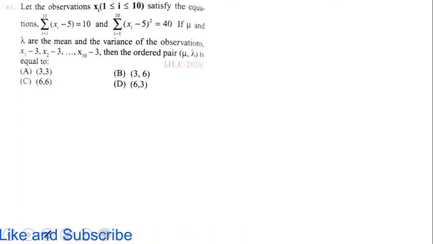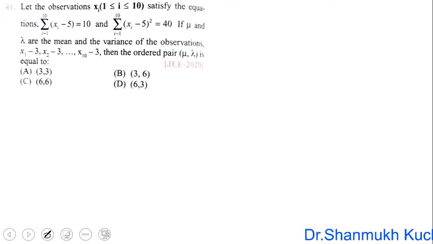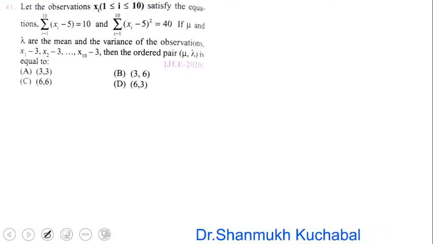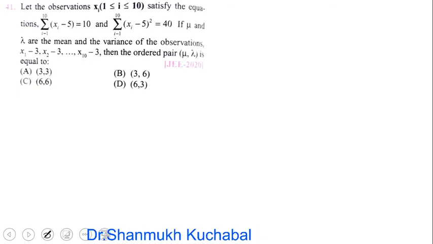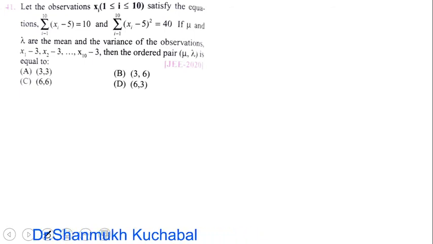If mu and lambda are the mean and variance of the observations x1 minus 3, x2 minus 3, and so on up to x10 minus 3, then we have to calculate the ordered pair mu and lambda here.